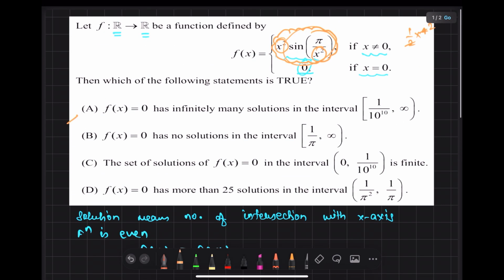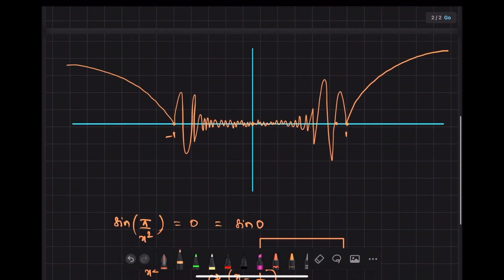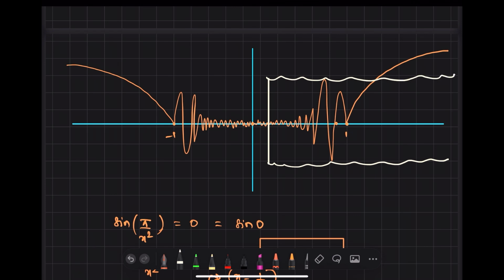Now look at the first situation. They are saying that we will have infinitely many solutions in the interval. So what is 1 by 10 power 10? It is very close to 0. Suppose this number is somewhere here. From here you have to observe till infinity how many zeros we will have.